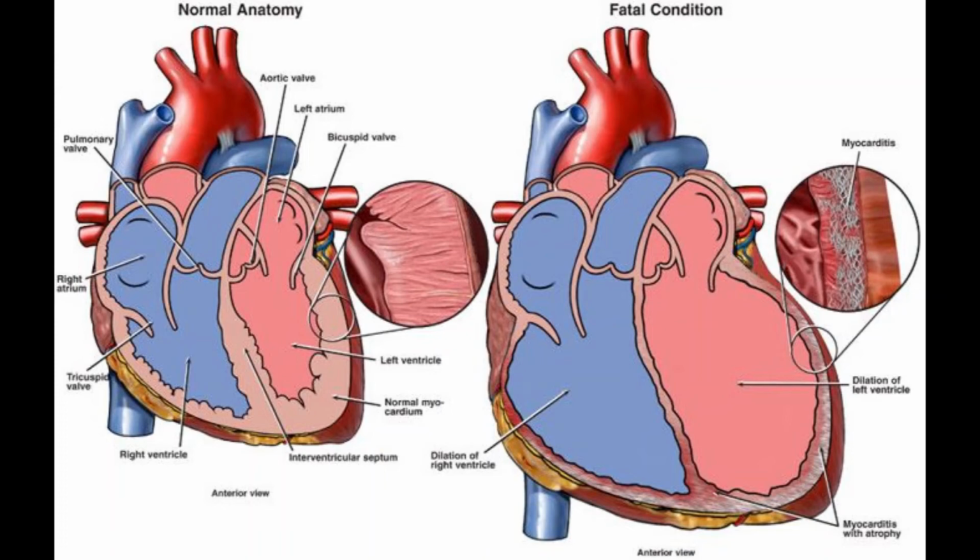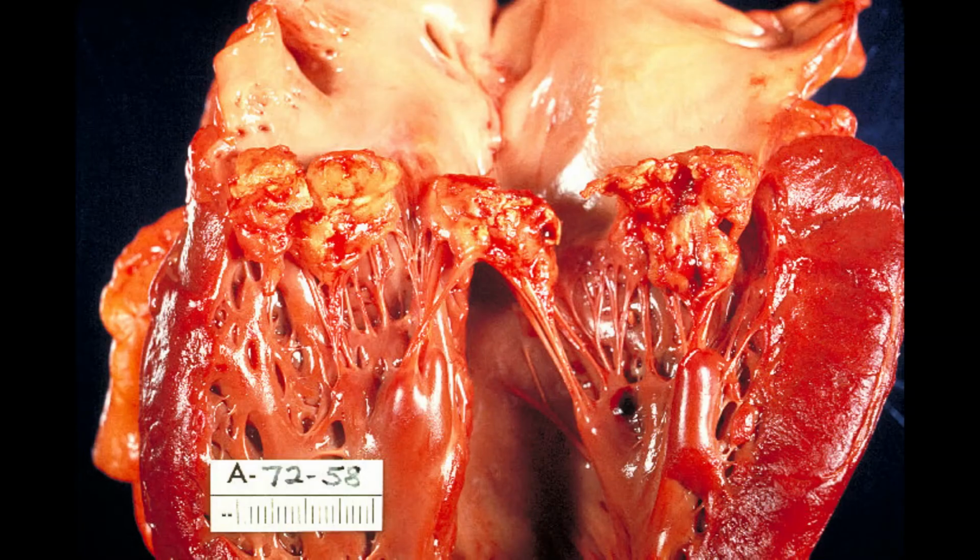It can also be a complication of other diseases such as the flu, diphtheria, mumps, systemic lupus, and most significantly, rheumatic heart disease. Signs and symptoms are often vague, making it difficult to diagnose. It can include fever, shortness of breath, fatigue, mild chest pain, and arrhythmias.